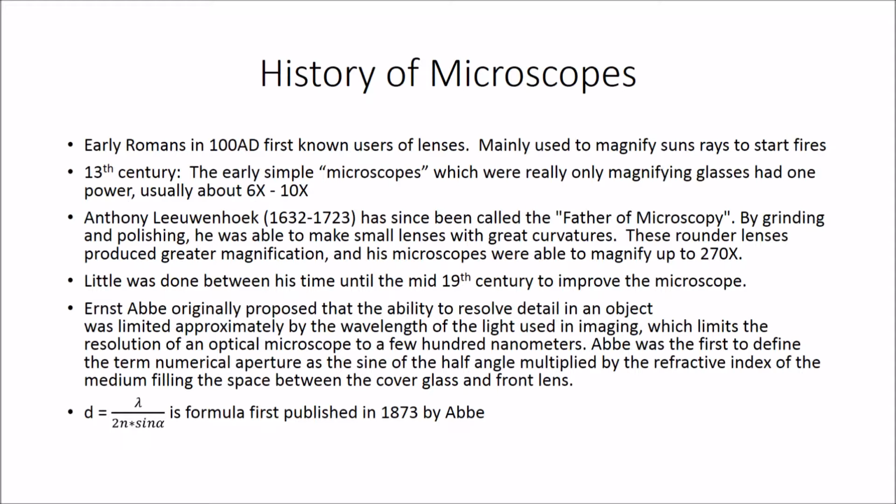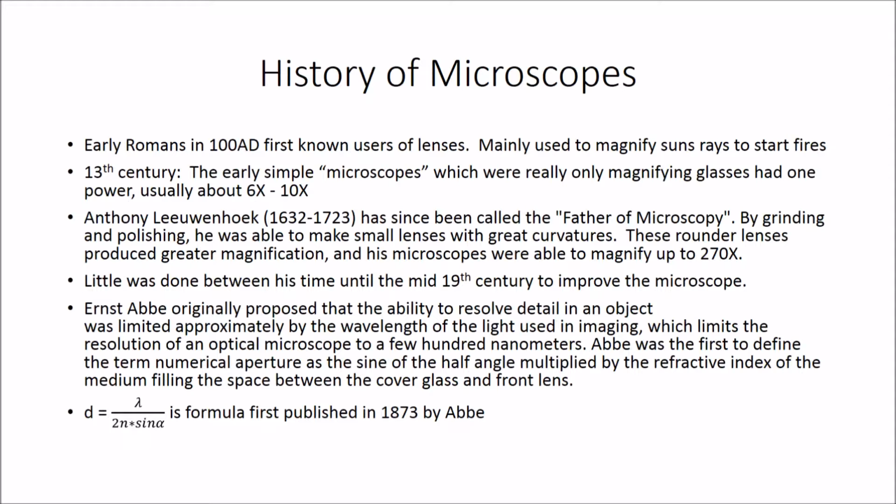German Ernst Abbe originally proposed that the ability to resolve detail in an object was limited approximately by the wavelength of the light used in imaging, which limits the resolution of an optical microscope to a few hundred nanometers. Abbe was the first to define the term numerical aperture as the sine of a half angle multiplied by the refraction index of the medium filling the space between the cover glass and the front lens.